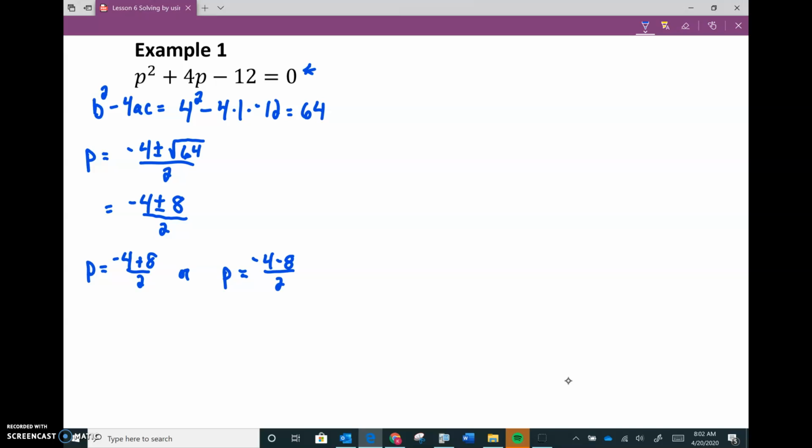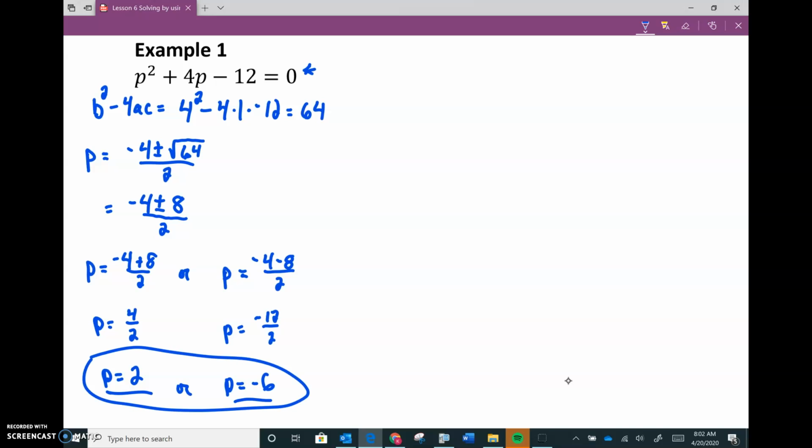Negative 4 plus 8 is 4 on top over 2, which is 2, so there's one answer. And on this one, negative 4 minus 8 is negative 12 over 2, which is negative 6. So we got our two solutions there, two real answers.